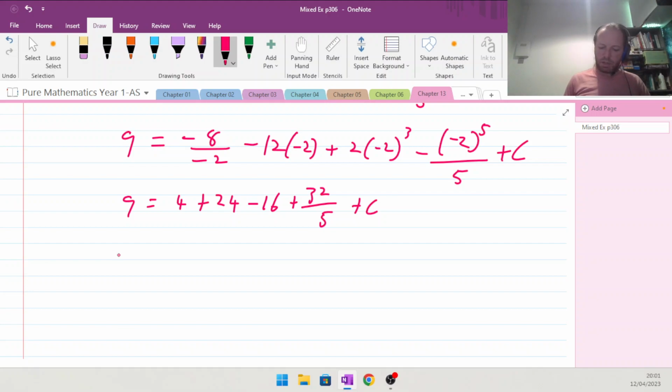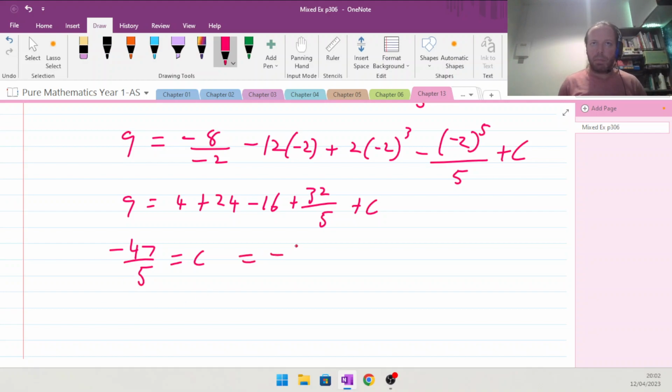Okay, so, where's my calculator gone? Right then, so minus 2 to the power 5, just want to check that one, minus 32, divided by 5, yep. Alright, so we are going to have 9, take away 4, take away 24, plus 16, minus 32 over 5, which gives us minus 47 over 5 equals c, and that's 9 2/5.